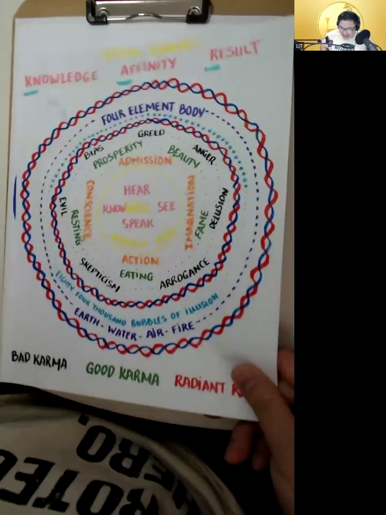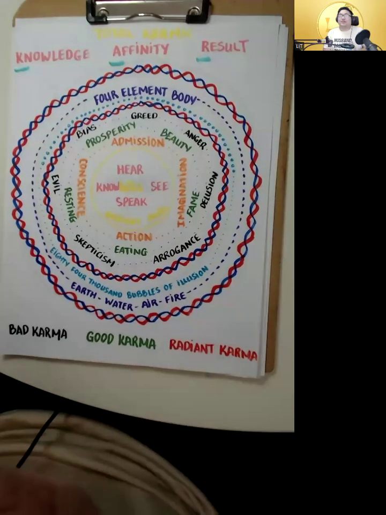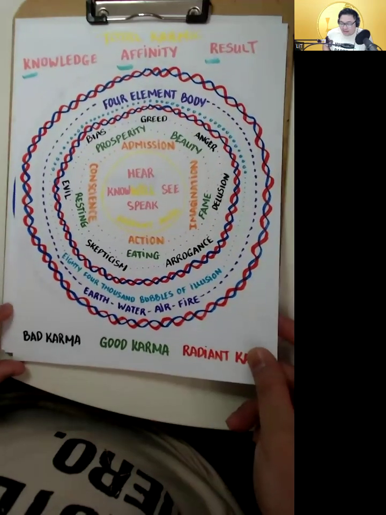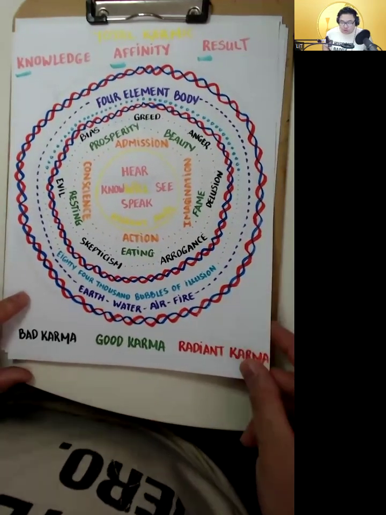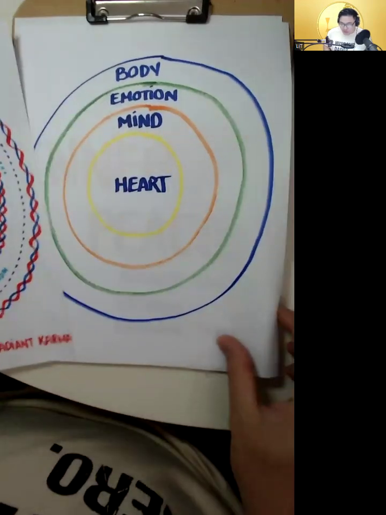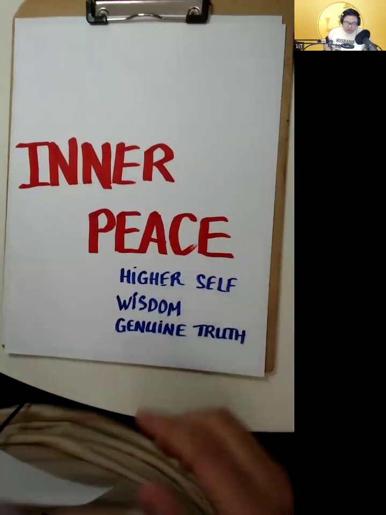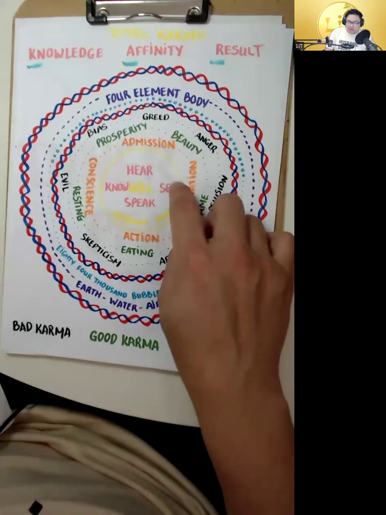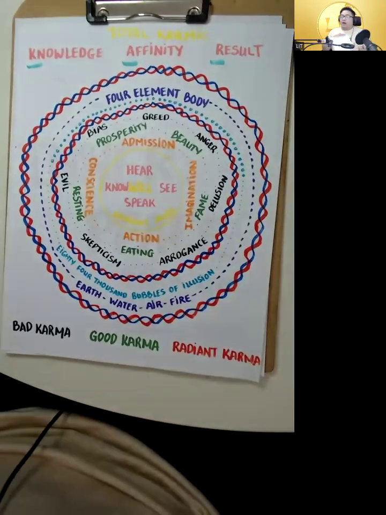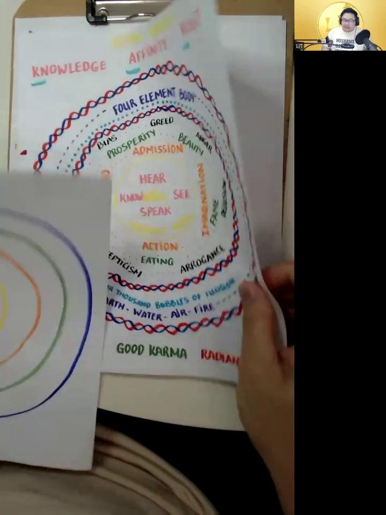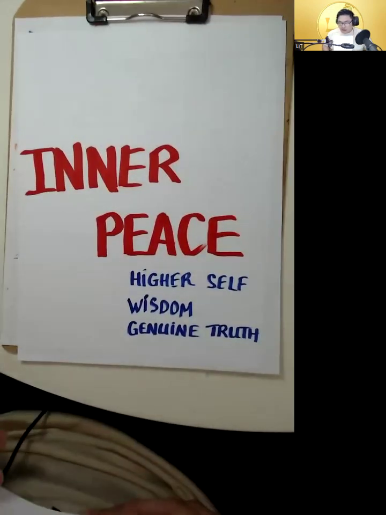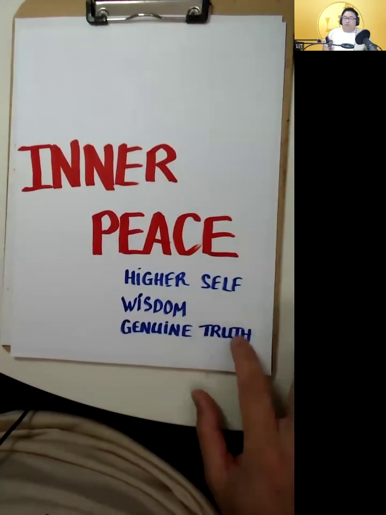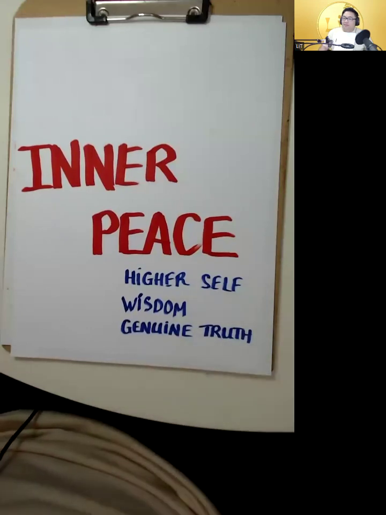And I know it's very vague, but my intention for today's presentation is a formula of how to reach inner peace, how to acquire the will to hear, the will to see, the will to speak, and the will to know of your higher self that lives deep within your inner self. And that is the genuine truth of oneself.